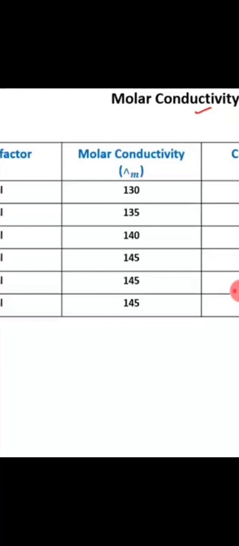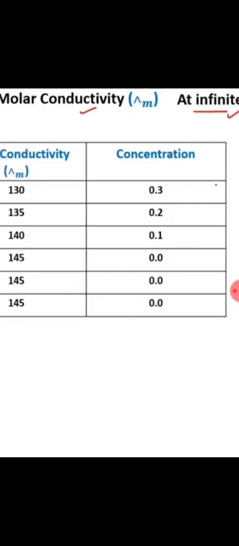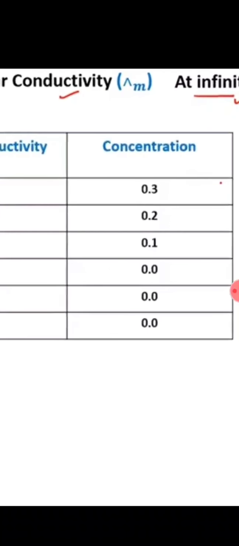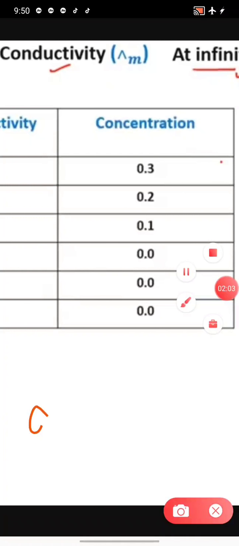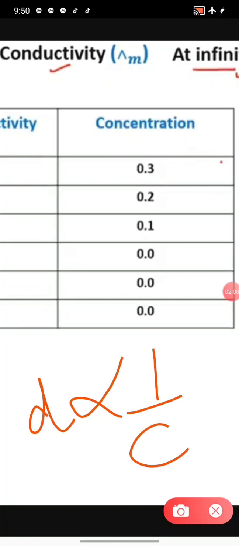In the second column, the values of molar conductivity are mentioned. And in the third column, the effect of dilution on concentration is mentioned. Obviously, dilution is inversely proportional to concentration. So as you increase the dilution, the concentration will go on decreasing.